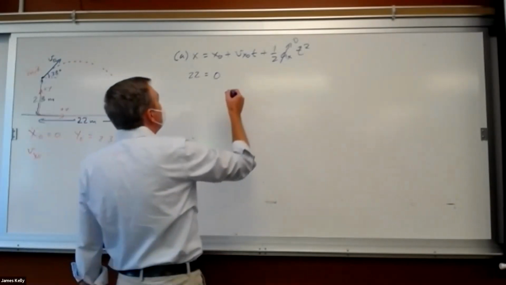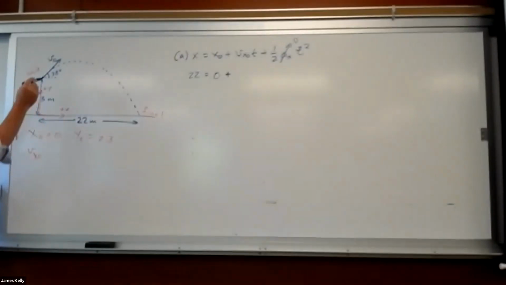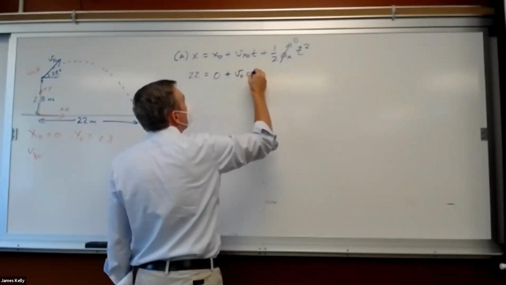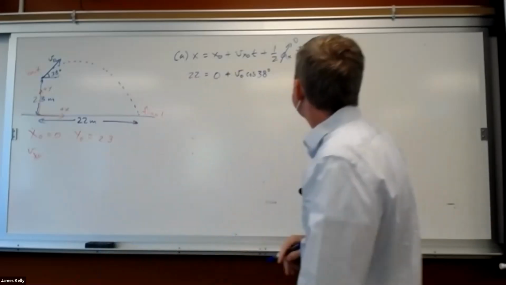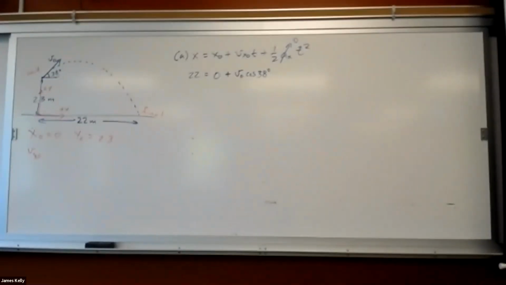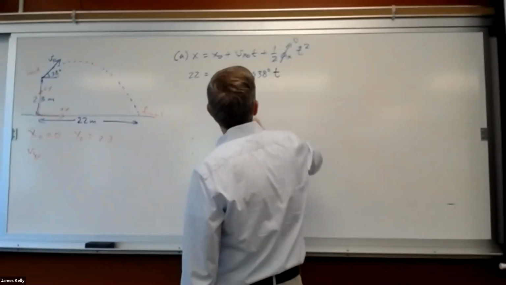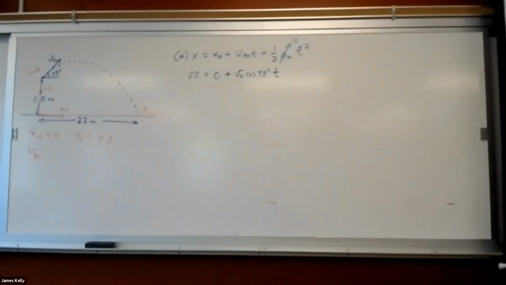So if that were the case, Vx0 would just be V0 times the cosine of 38 degrees. So I'm going to substitute that in: V0 times the cosine of 38 degrees, plus 0 because Ax is 0. Oh, and I forgot my t here. That's Vx0 times t, plus 0 in the last term.